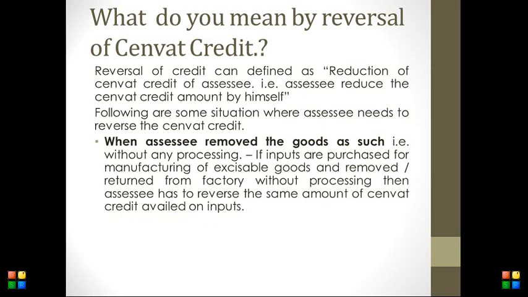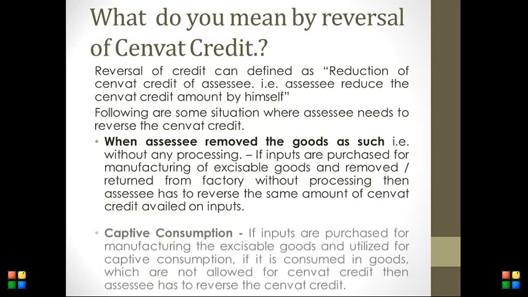That means if we have purchased some raw material and paid 1 lakh rupees duty on it, and without using it in a final product or manufacturing process we remove it as such from the factory, we need to reduce the Cenvat credit by 1 lakh rupees.